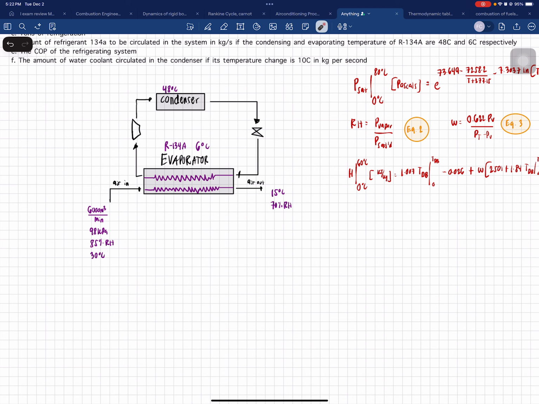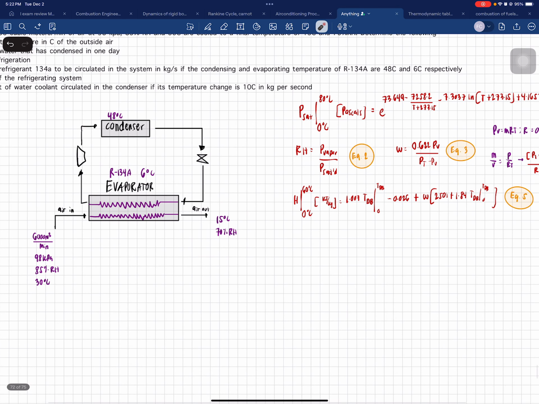So as you cool the air, droplets of water will start to liquefy or condense, okay? Because it really cannot contain the relatively large amount of water vapor compared to 30 degrees Celsius.